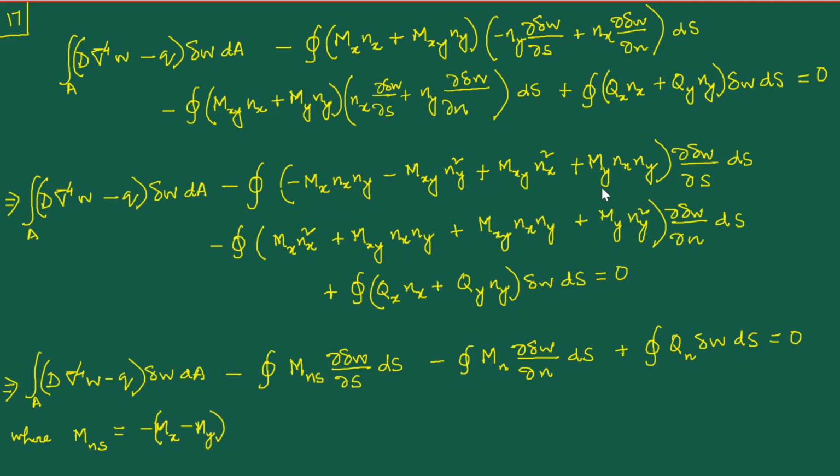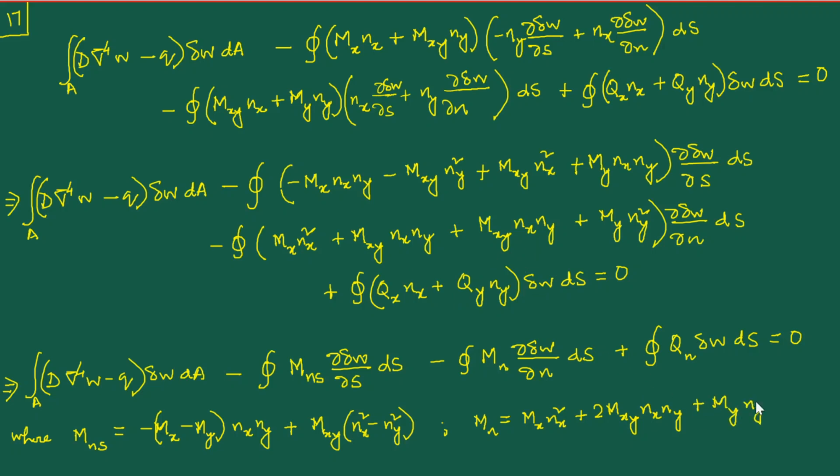If you look carefully here, I'm taking nx and y common, plus mxy and x square minus ny square. Okay, and mn, that is just mx and x square plus twice mxy and x and y. So I have combined this with this, plus my and y square.